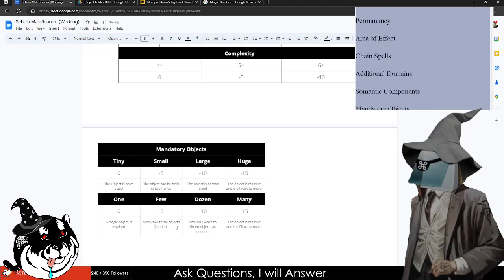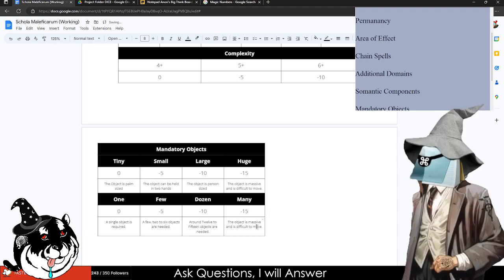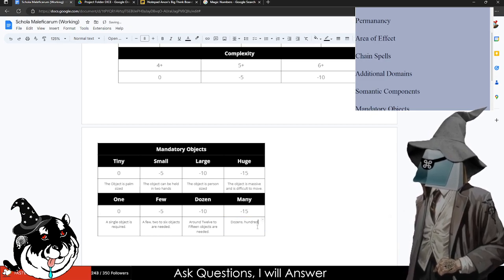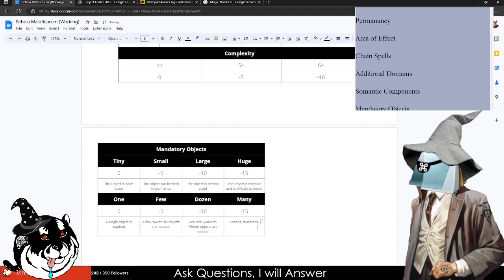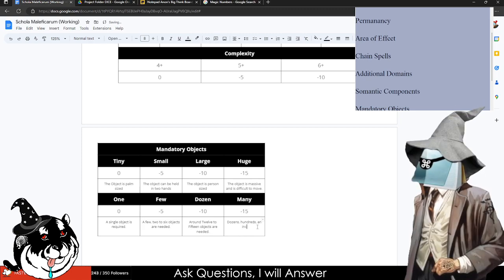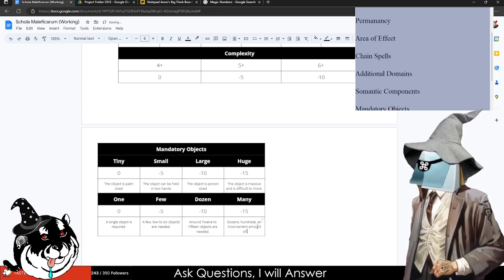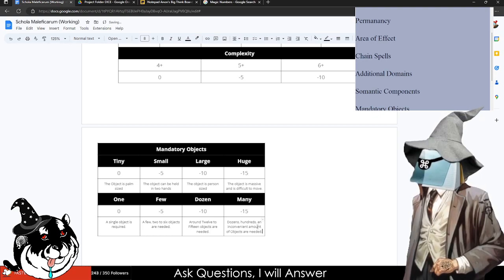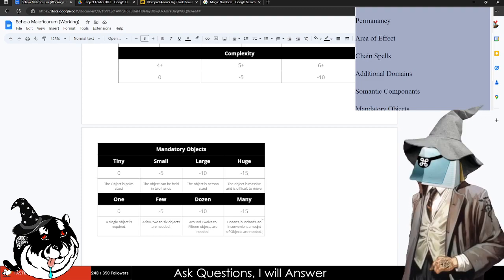A few. Dozens, hundreds, an inconvenient amount of objects are needed. It's kind of like, you need 1 egg to do this. All right, easy enough. You need a few eggs.